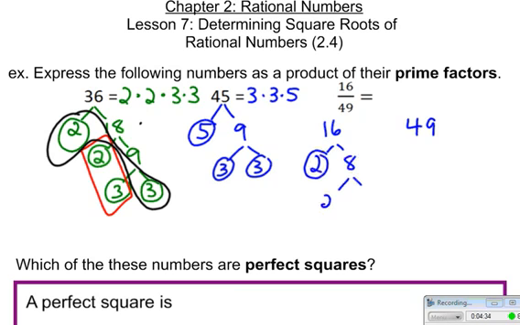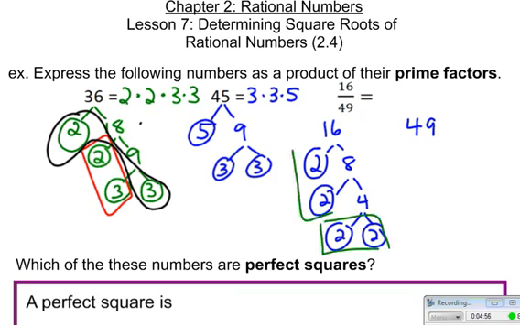Oh, circling the wrong one here. Try that again. 8. 2 is prime times 4, and it becomes 2 times 2. So 16 is a perfect square because we can make 2 equal groups of prime factors. 2 times 2 and 2 times 2.